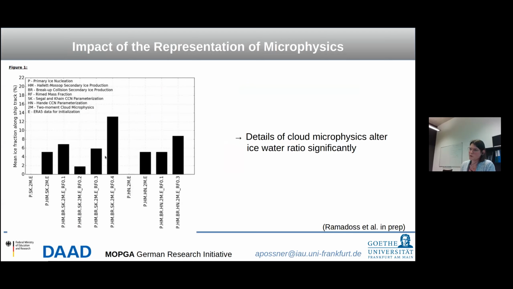What I do want you to see is that the ice ratio within these clouds ranges from 2% to 14% for the same simulation with just a different setup in the cloud microphysics. And we can constrain what the real setup or the best setup should be and explore some of these sensitivities with ICON to get to a realistic representation of these type of clouds.